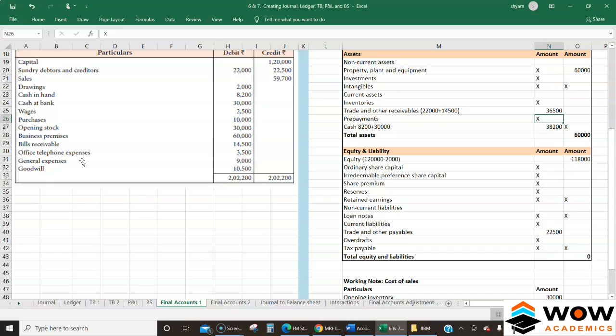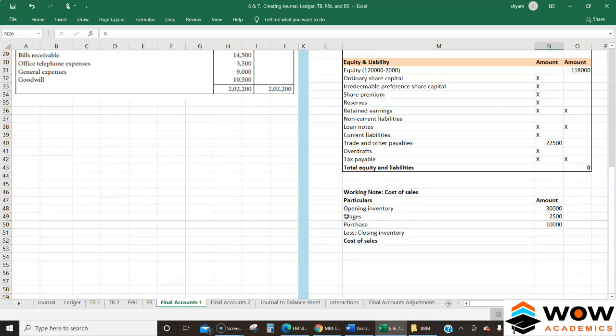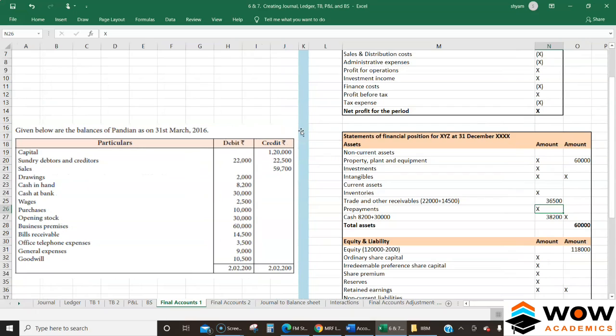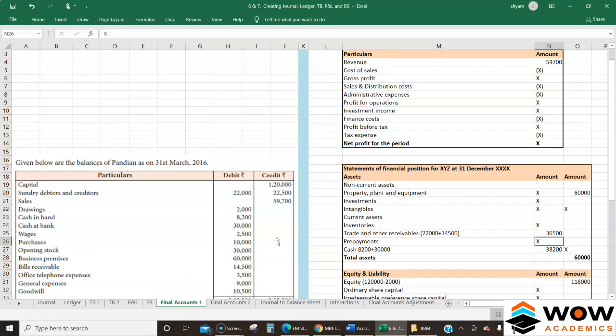Next one is office telephone expenses. If there's any admin expense, we can add with that. Yes, we have an admin expense. So 3,500, and we can also add the general office expense, which is 9,000. Put together, we can put it in brackets.